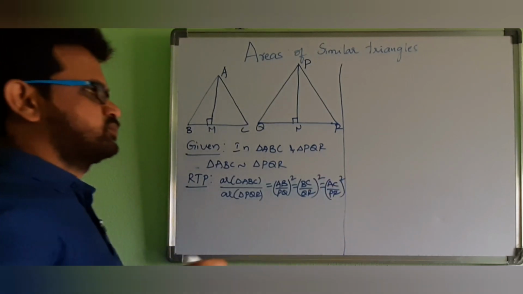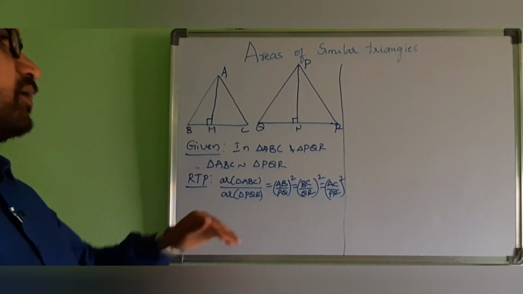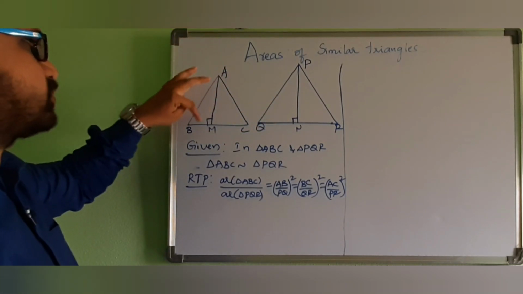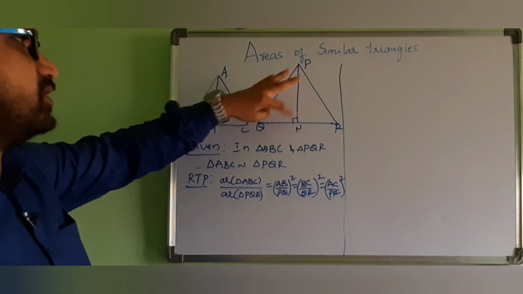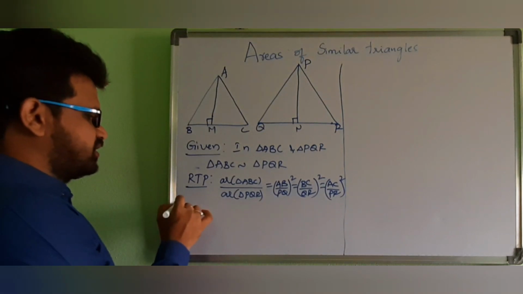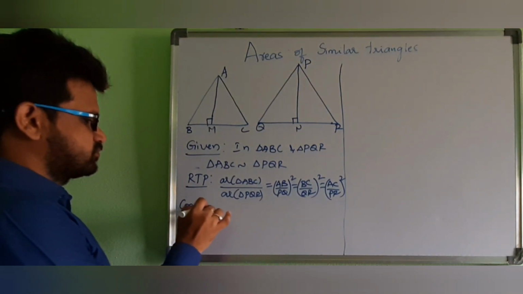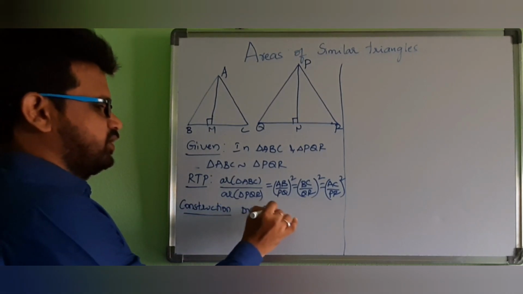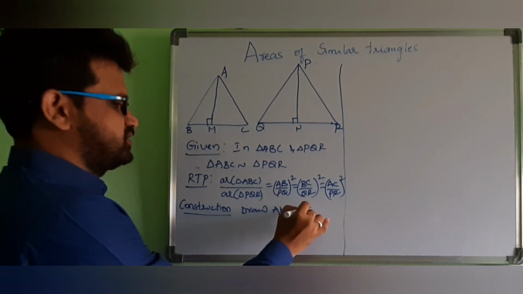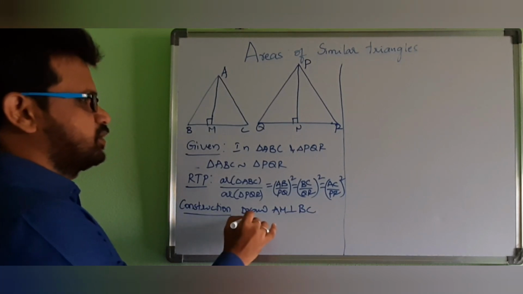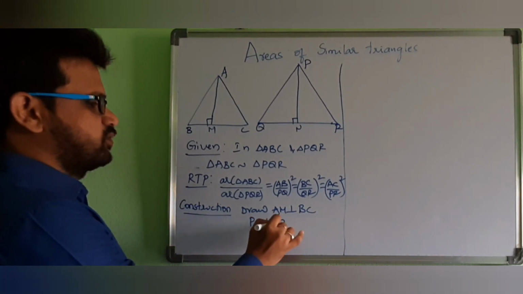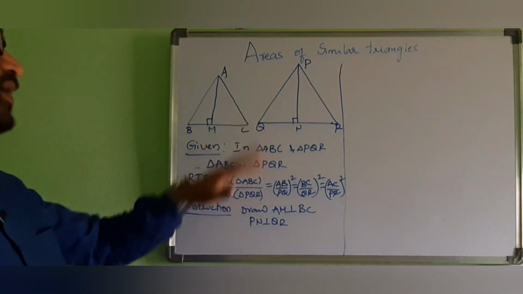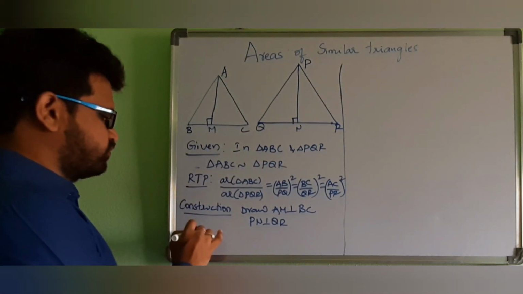This we have to prove. Before going to prove, we have already done some constructions. What are the constructions here? AM is perpendicular to BC, PN is perpendicular to QR. Write that construction: draw AM perpendicular to BC and PN perpendicular to QR. These two triangles are similar, already given. So let us start the proof.